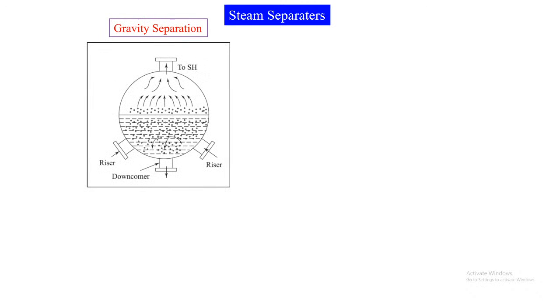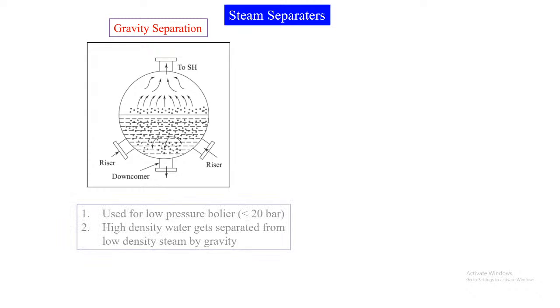We know that the steam separator is a part of the boiler and it has different kinds of types based upon the type of application. Here on the screen there is gravity based separation. If the boiler pressure is less than 20 bar, then we have seen in the dome on the PV diagram that in this range there is a lot of density difference.